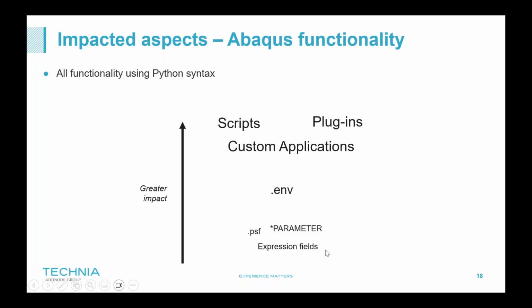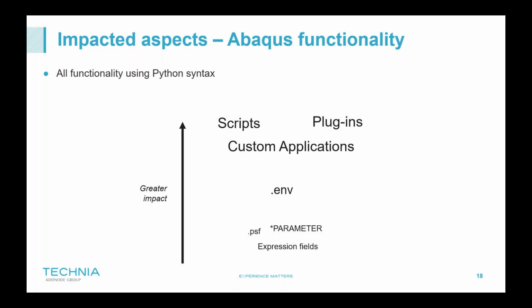We have expression fields in Abaqus CAE, and we can perform parametric studies using the parameter keyword or PSF files. And all of these accept Python syntax. However, I don't think it will practically change anything.